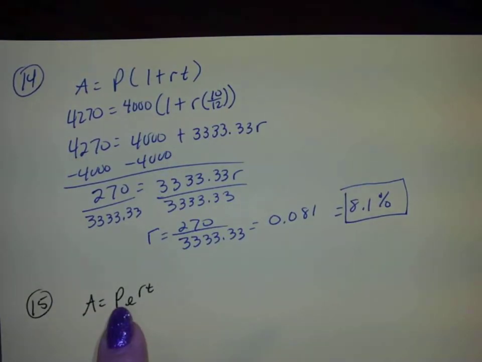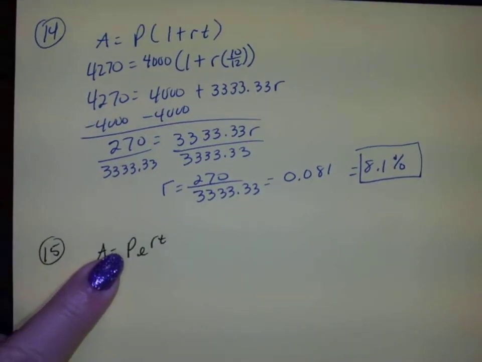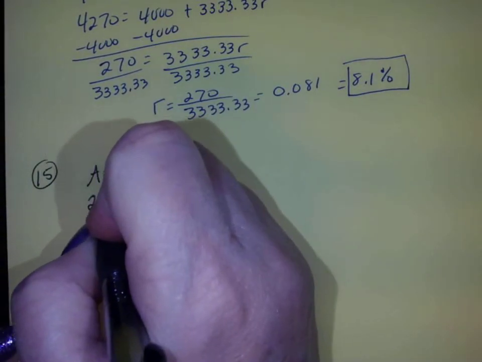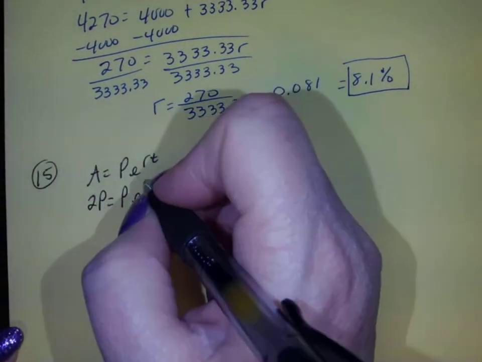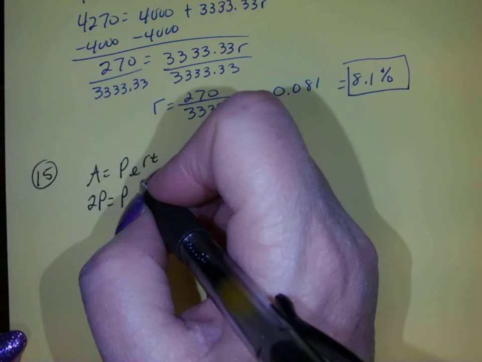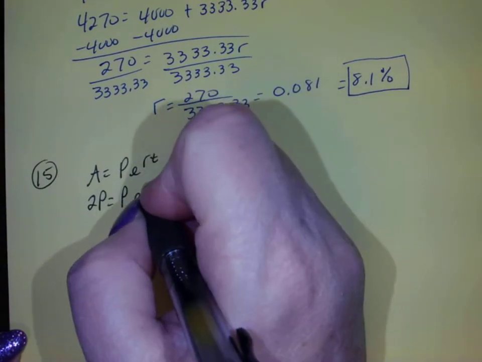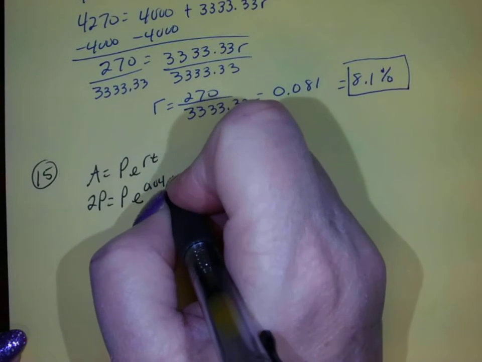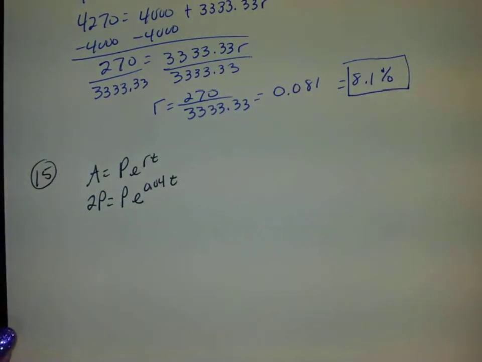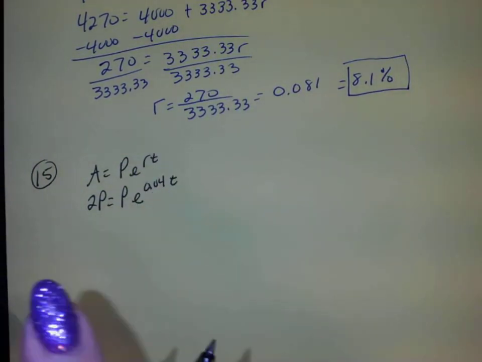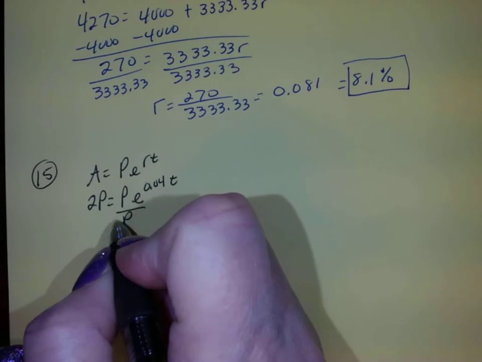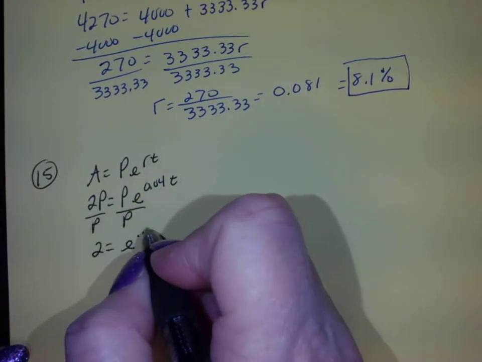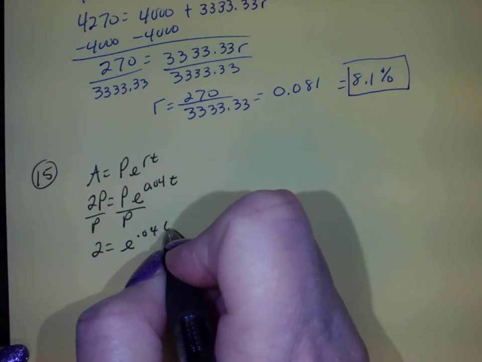Well, if the amount doubled and we originally put it in as P, then the doubled amount would be 2P. So 2P equals PE to the R of 0.04 times T. And we're looking for how many years? So we're going to divide by P on both sides and get 2 equal to E to the 0.04T.